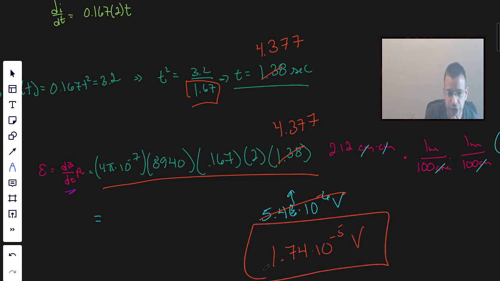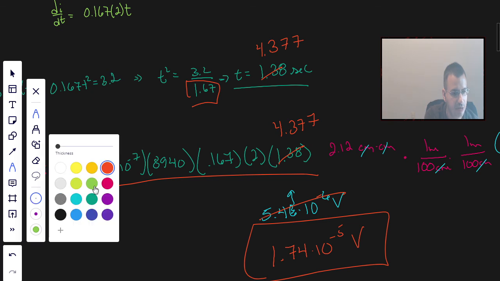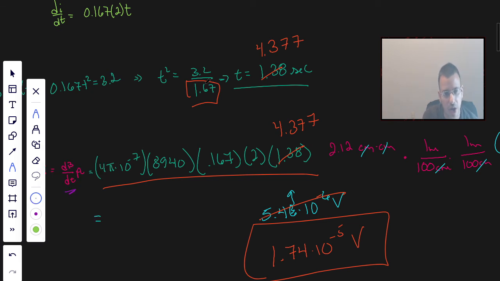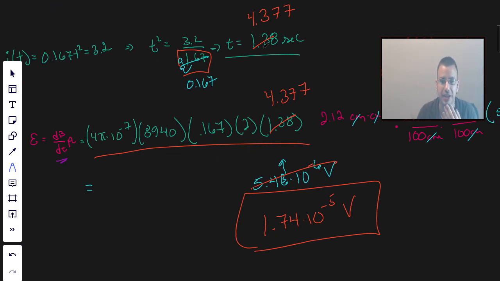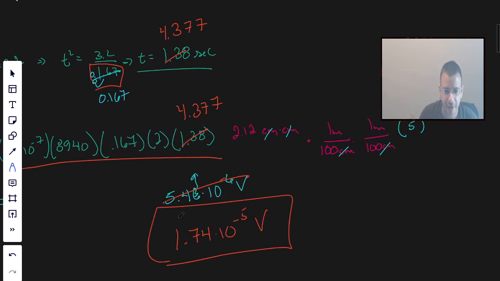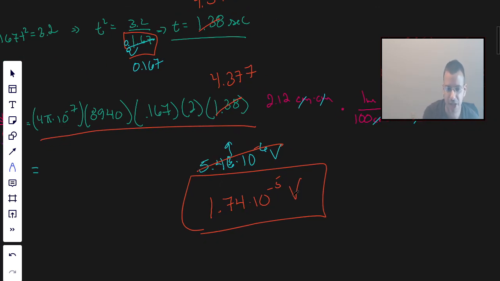So the key idea here, my failing, was the decimal. I wrote the number wrong. It should be 0.167 instead of 1.67. So when we plug in that correct time up there into our formula, we should get 1.74 times 10 to the negative 5th volts. That's how you approach this problem.